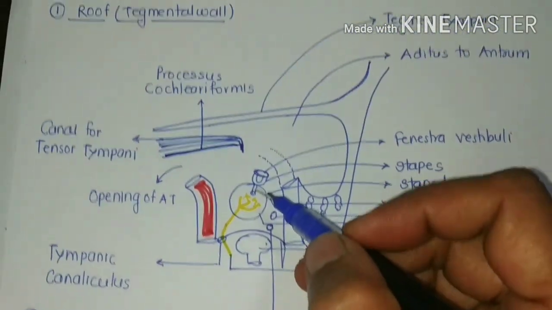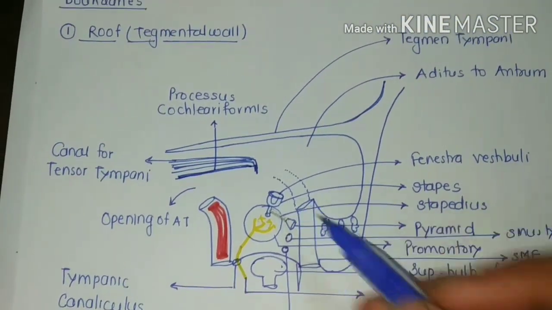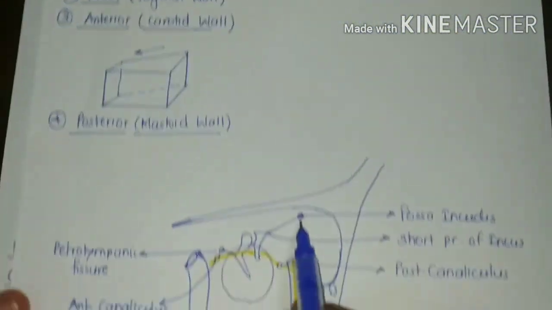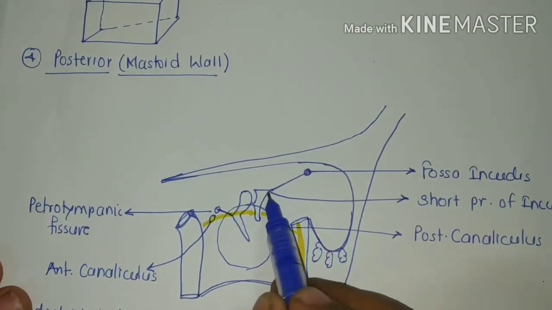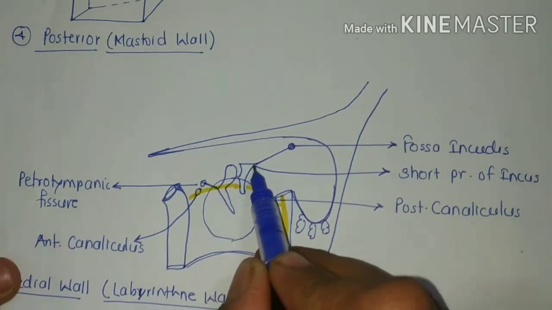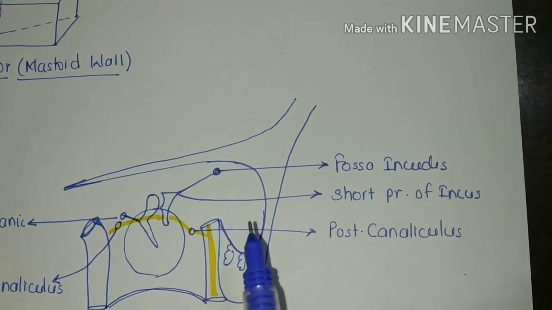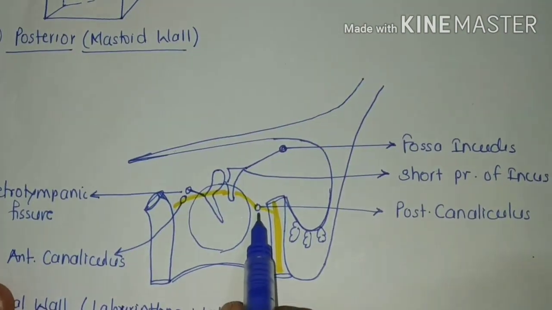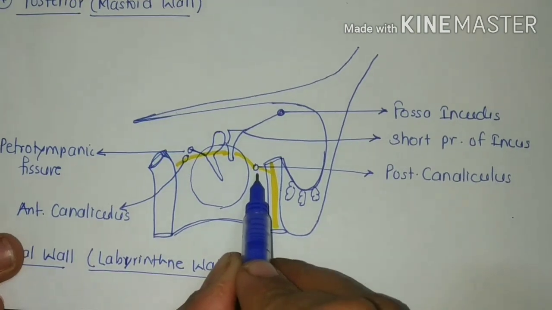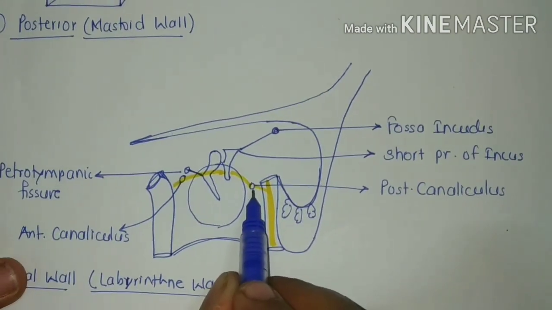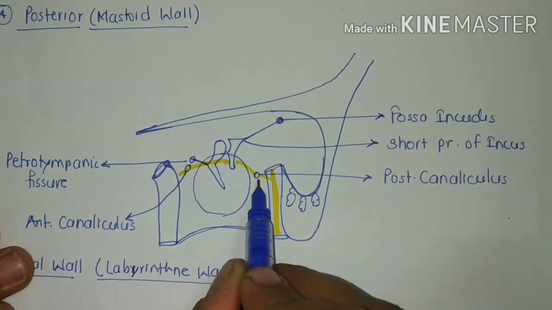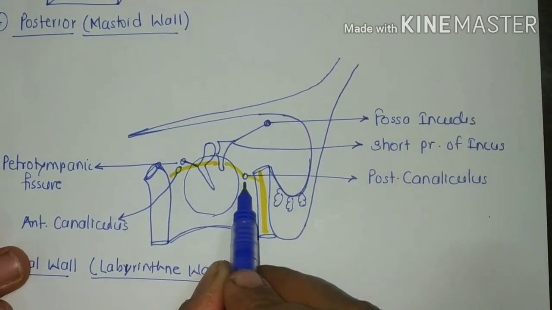Then here we have seen the presence of the fossa incudis, which is responsible for joining to the short process by means of a ligament. We have also seen the posterior canaliculus, which is responsible for the passage of the chorda tympani nerve, through which the chorda tympani nerve enters the middle ear cavity.